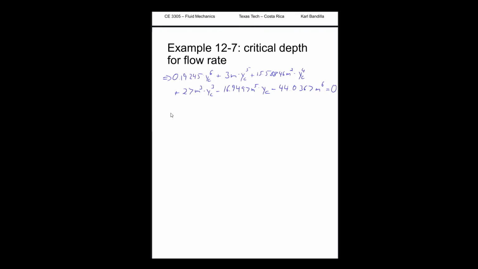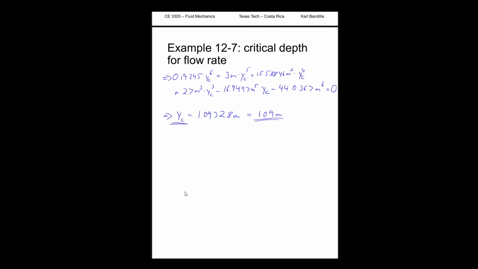The only one that's real is the right one for us because it's a physical problem. So the critical depth, yc, is equal to 1.09328 meters, or if we round, 1.09 meters.